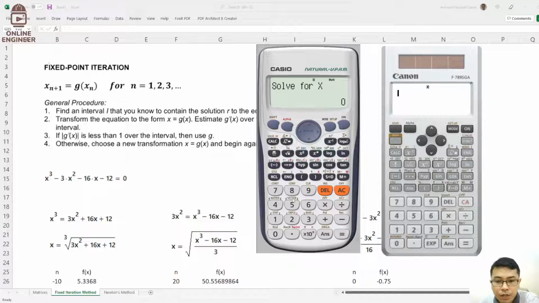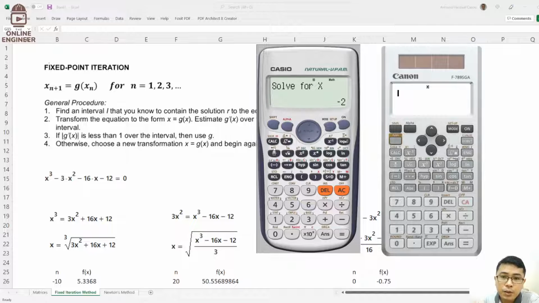So for example, if we set it to 5, of course, it will give us the root nearest to 5, which is 6. If we shift solve and set the initial value to 0, then it will give us negative 1. And if we set it to negative 5, it would give us negative 2. So it will give us the 3 roots, depending on the initial value that we used.